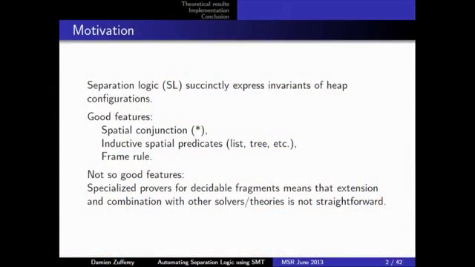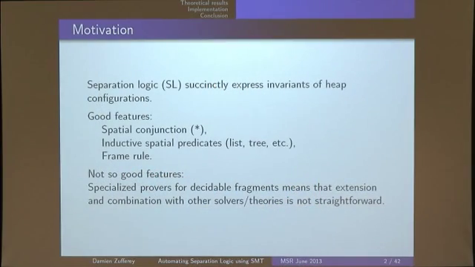Separation logic is pretty nice to express succinctly very complex invariants over heap data structures, and it has a lot of good features. For instance, separating conjunctions allow you to easily reason about aliasing and which elements are in some subpart of the heap and which elements are in the other subpart of the heap, and to make sure that those are different.